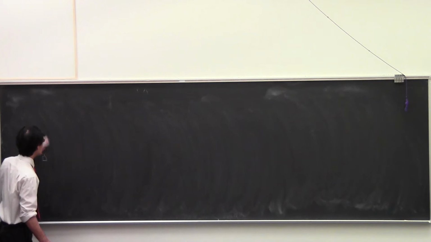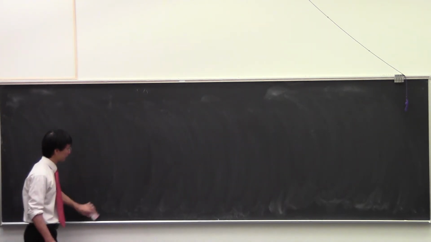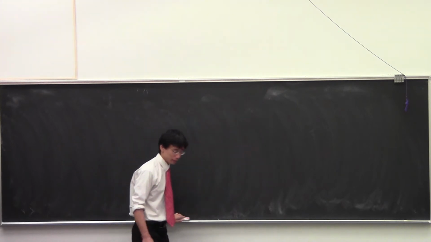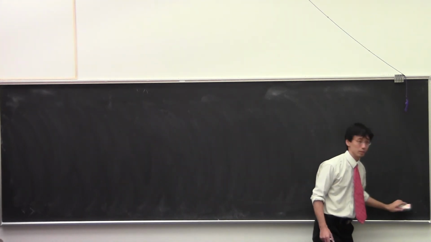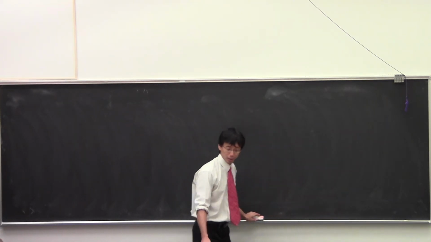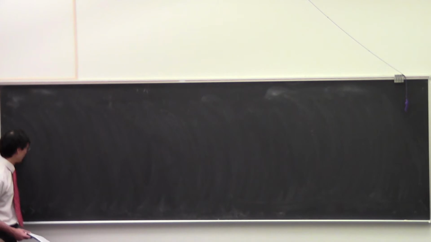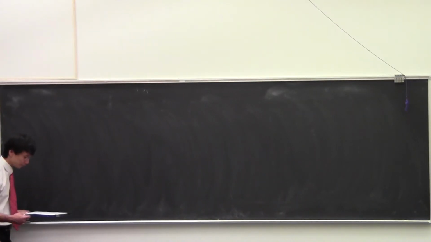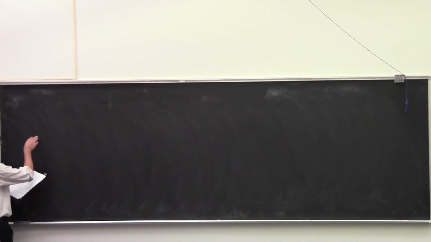But you need to have that decay at infinity. Those of you who have taken complex analysis before, some things may look familiar to you before we start talking about the harmonic functions.